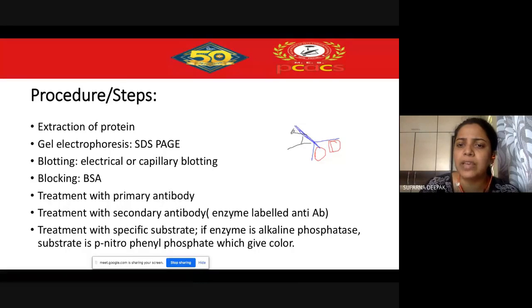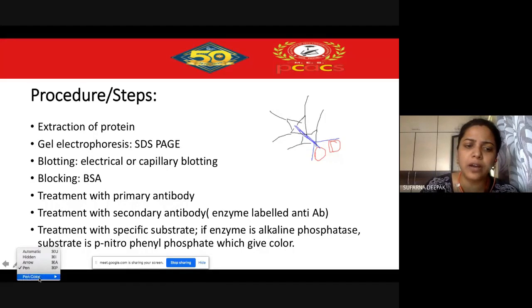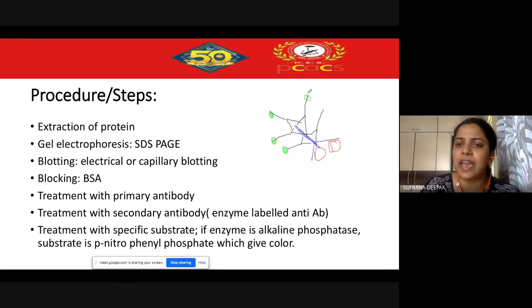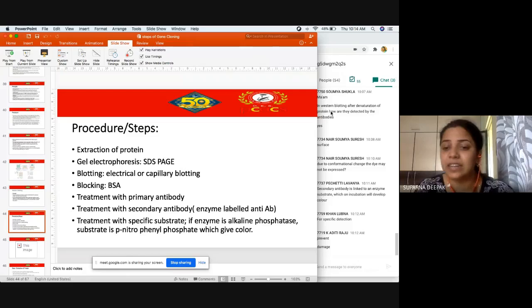Just as an example, I have shown you one primary antibody binding to 5 secondary antibodies. So the reaction is going to be for 5 enzymes that are present. So more product is going to be formed, which could be detected easily.